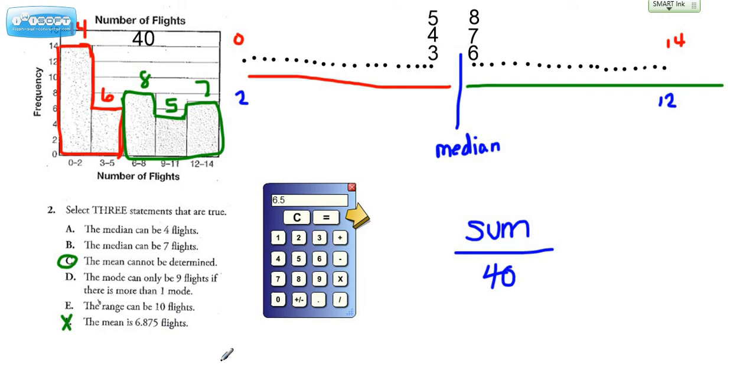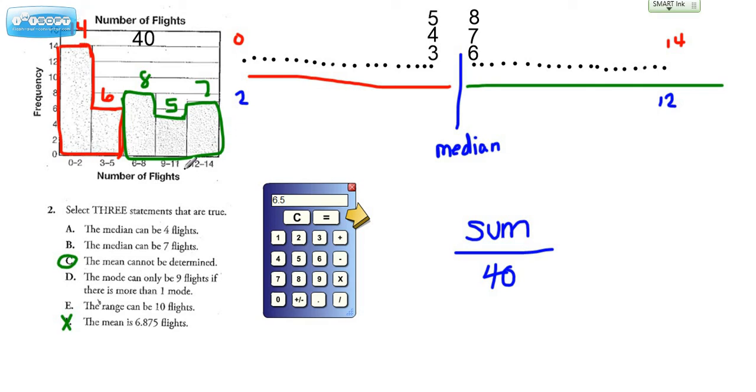All right, the next easiest thing I think to wrap our brain around is the idea of range. Because range, if we take the lowest number in the set, which could be 0, so I wrote that over here, and we take the highest number in the set, which could be 14, I wrote that over here, if we subtracted those two numbers, we'd get 14. But we also have to consider that in this bucket here, all 14 of these values might be a 2.